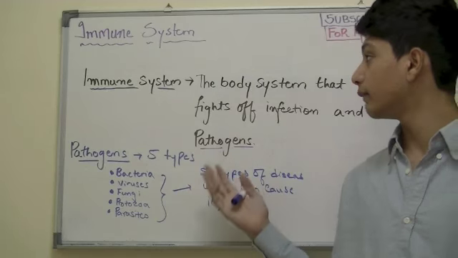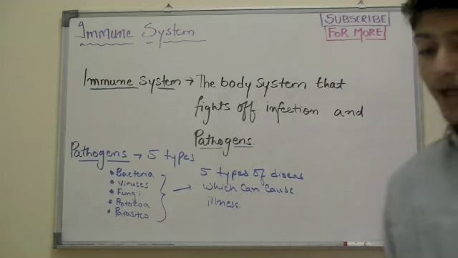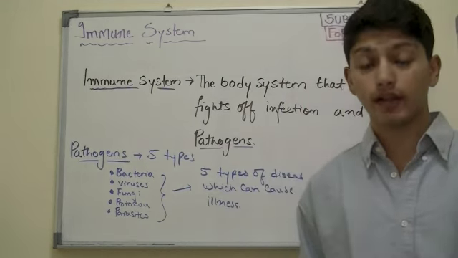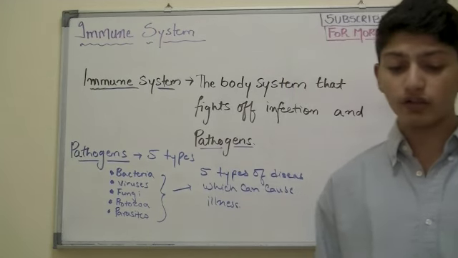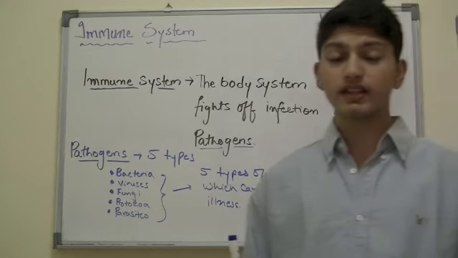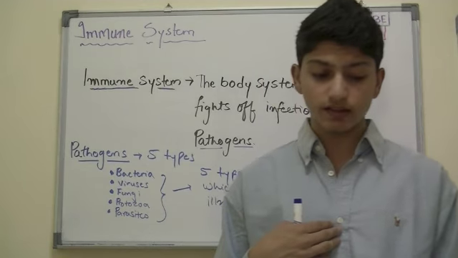Like we said, an immune system is the body system that fights off infection and pathogens. Let's take this idea and compare it to a castle like we did before. I'm sure you guys know a lot of things about castles. Just as a castle has several lines of defense, so does your body's immune system.